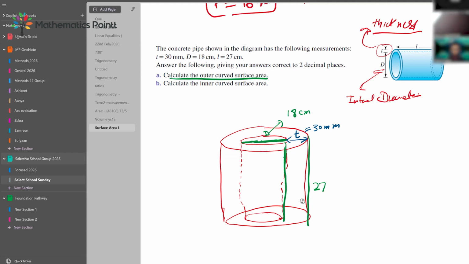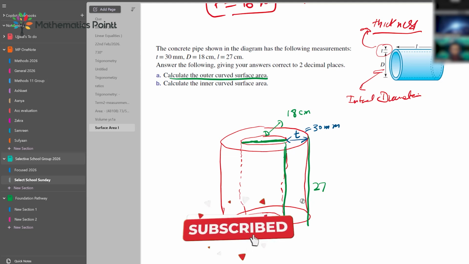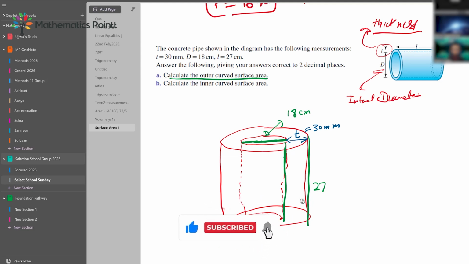Give it a go. All right. How many did not understand this question at all? Can I see it on the chat, please?